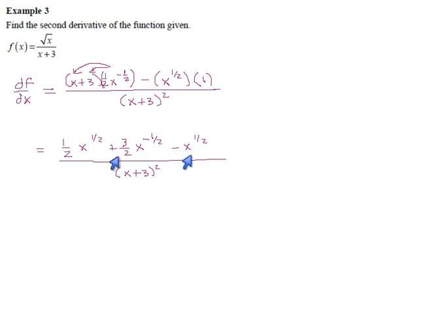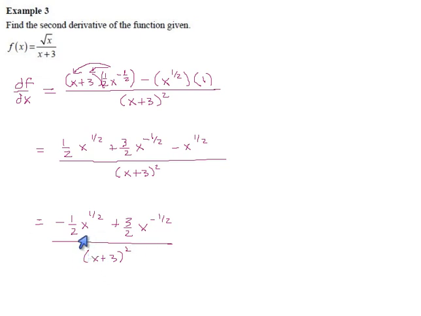Now these are like terms. This is 1/2 x to the 1/2 minus an entire root x. So when you subtract those, you get minus 1/2 x to the 1/2 plus 3 over 2 x to the minus 1/2 all over x plus 3 all squared.